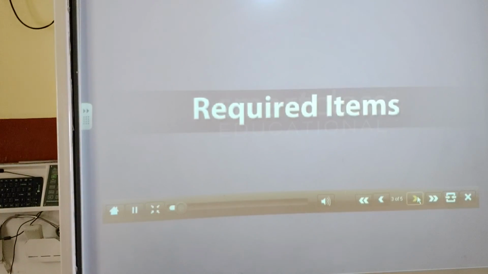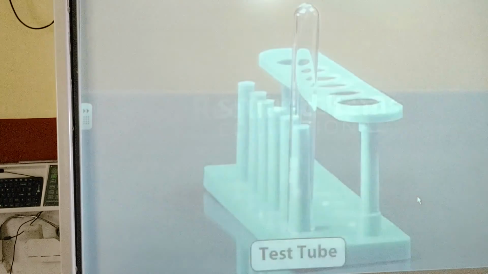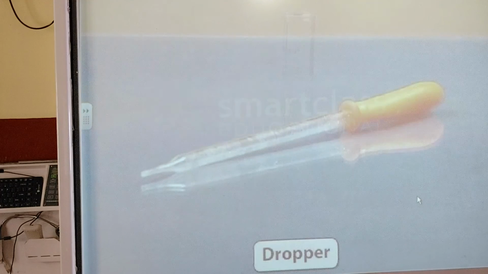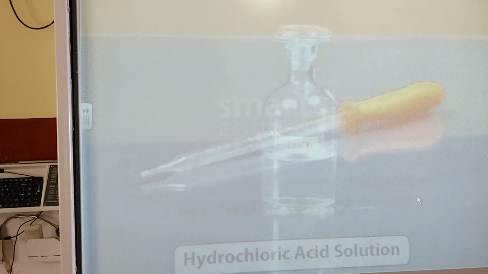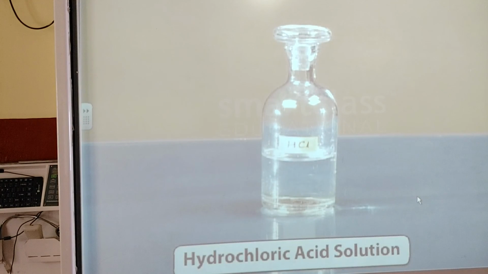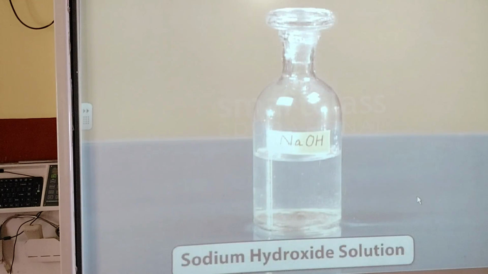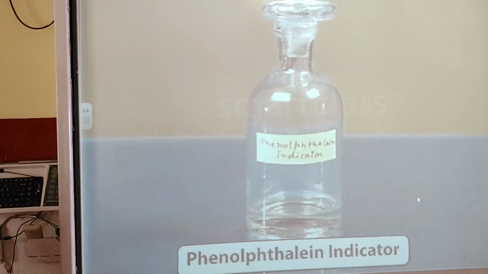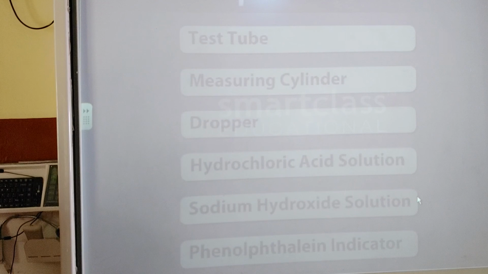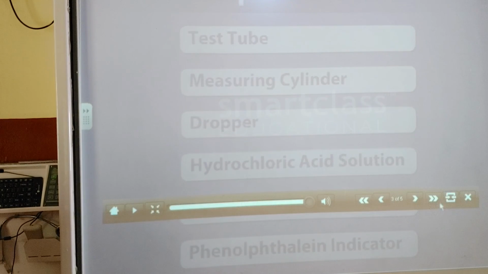For this activity, we need a test tube, a measuring cylinder, a dropper, hydrochloric acid solution, sodium hydroxide solution, and a phenolphthalein indicator. So here we have used the phenolphthalein indicator. So 4 indicators we have learnt.